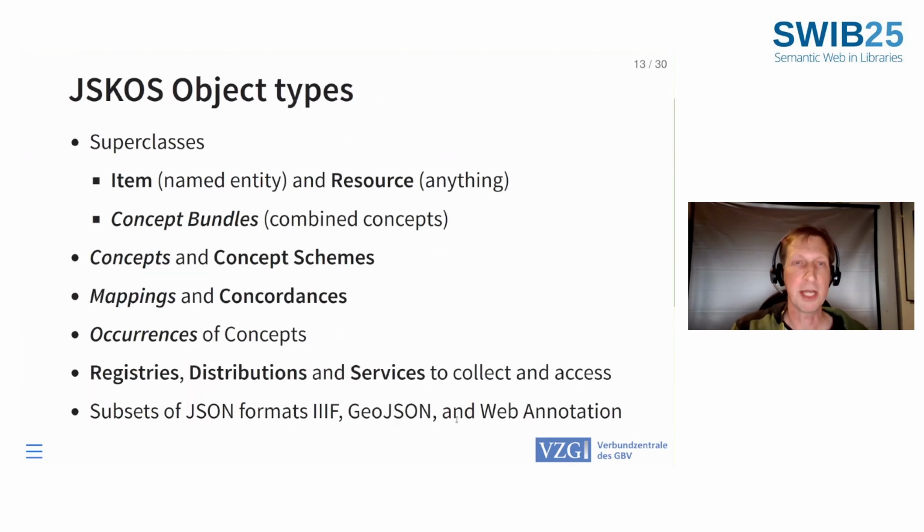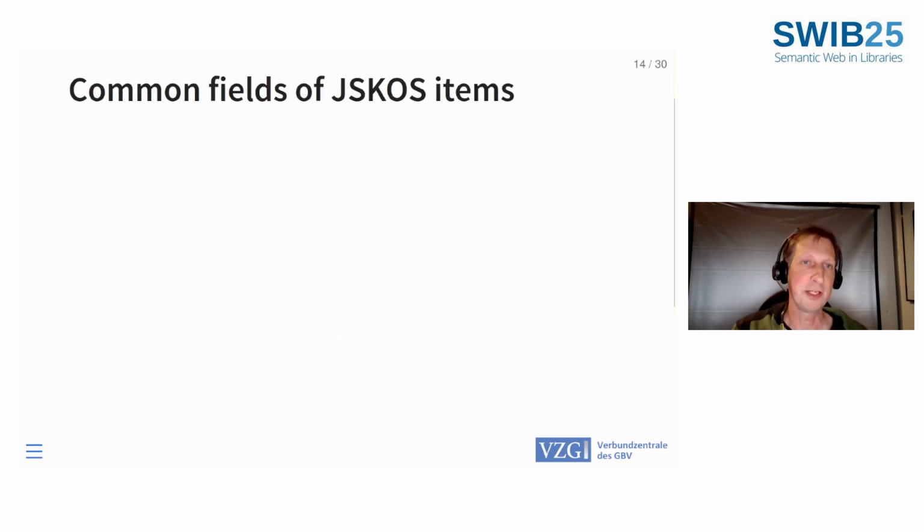So these are the object types, and each of the object can have a lot of fields. So some common fields like preferred label, alternative label, known from SKOS data format. Then there is a field for identifiers. So often we have the case that some concept has not only one URI but multiple URIs, because multiple people or organizations drafted identifiers for the same.